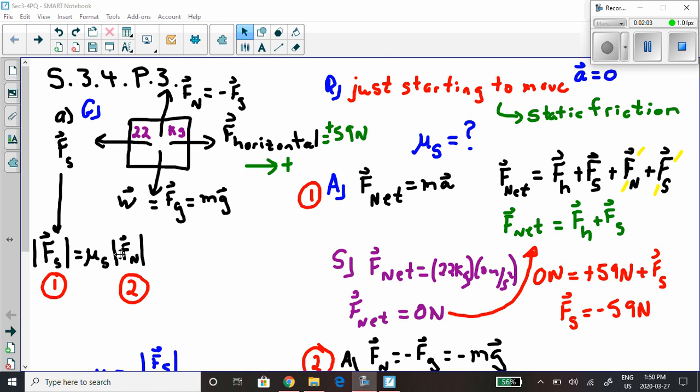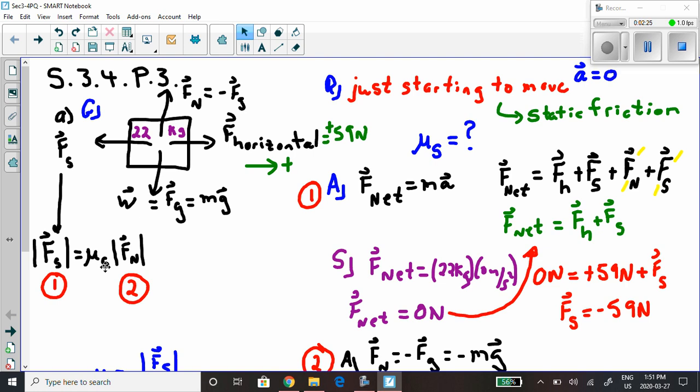So if we take a look at this equation right here, there's the variable we're trying to solve for. If we know what the force of static friction is, and if we know what the normal force is, with these two being known, we could rearrange this equation and solve for the coefficient of static friction. That's what we could do.